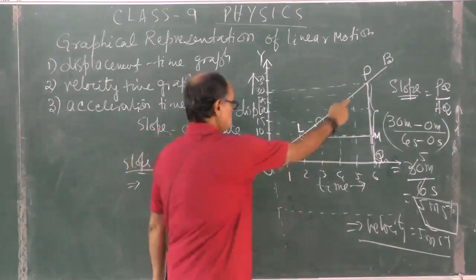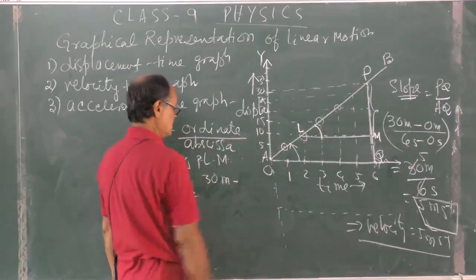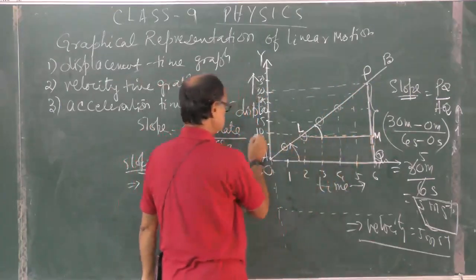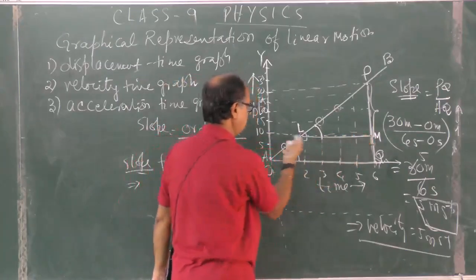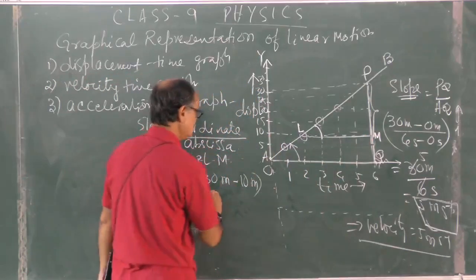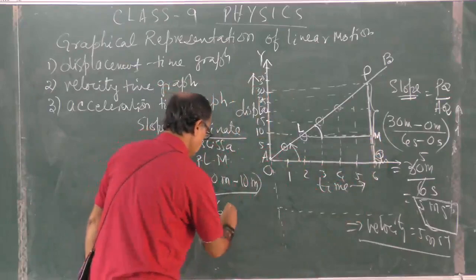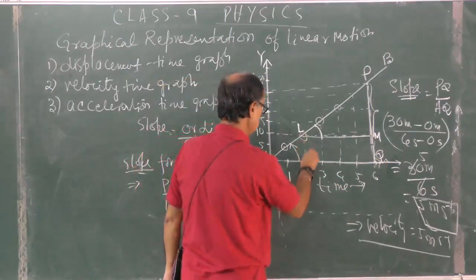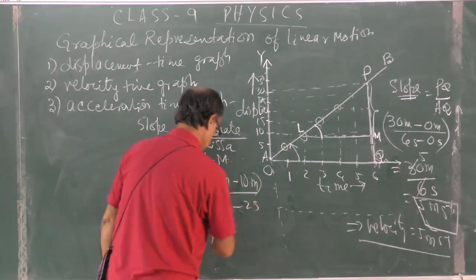P value maximum is 30 meter minus this 10 meter, the line of PM, divided by the time, 6 second minus the time here, 2 second.